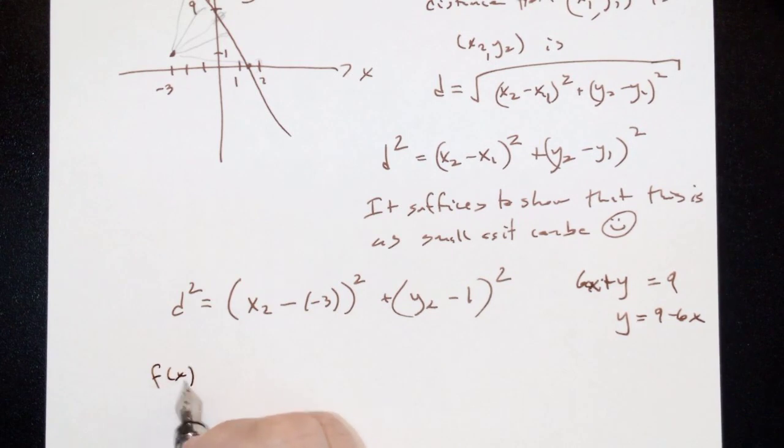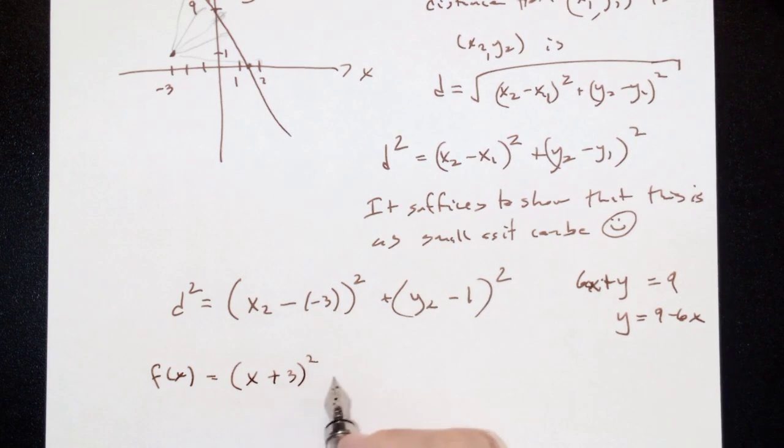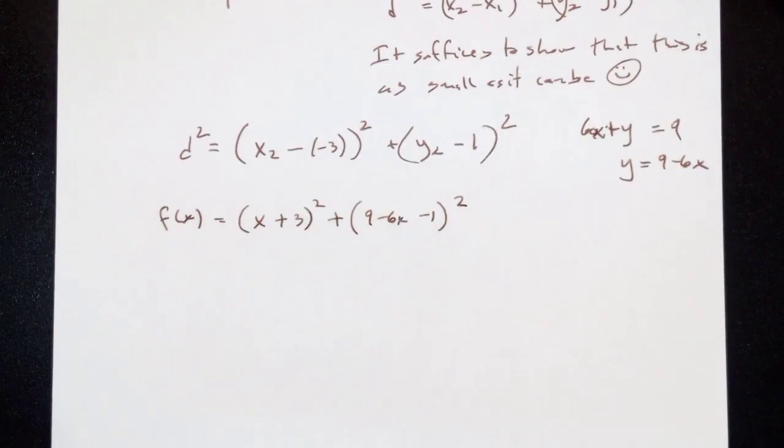Our function of x looks like that. That's my distance function, well, squared. Minimize that.